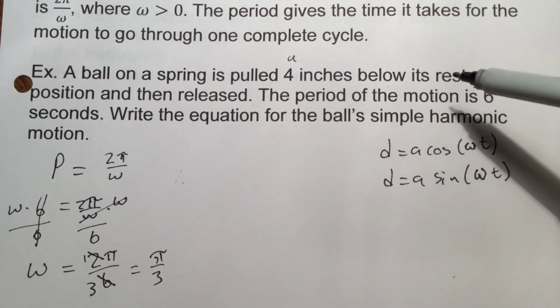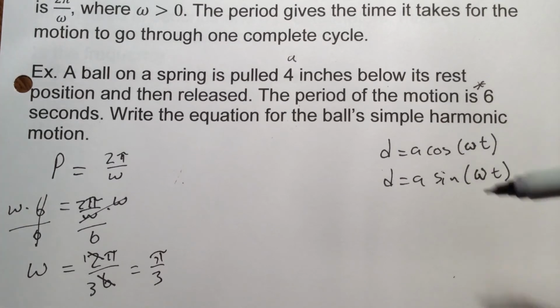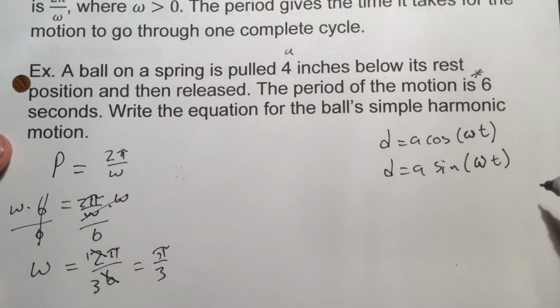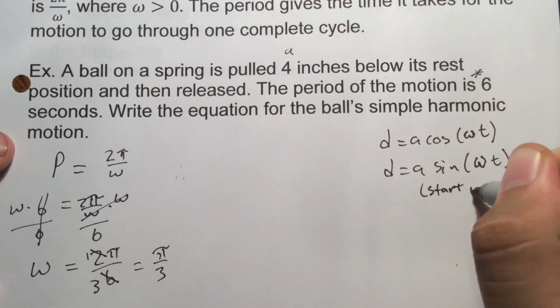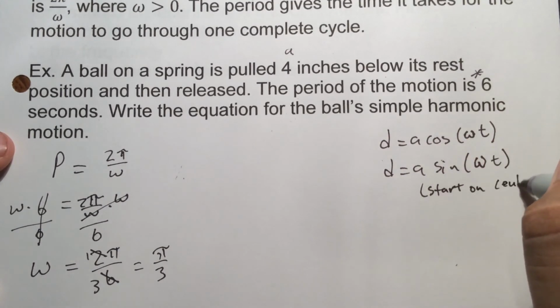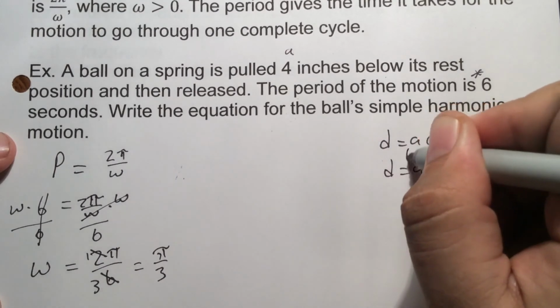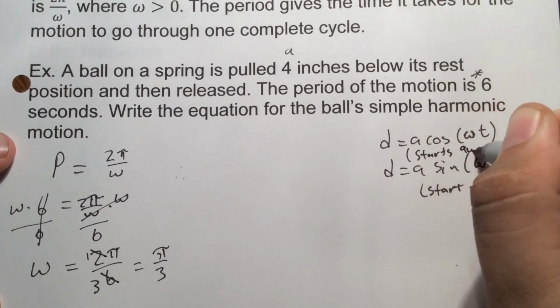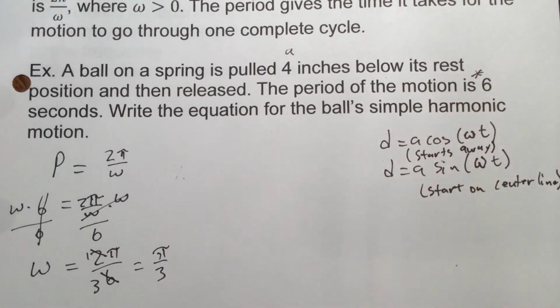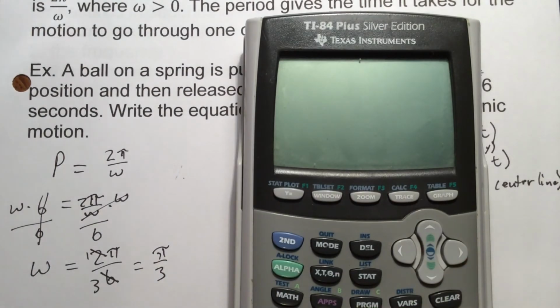Now, as far as sine and cosine, sine will start on that center line, where cosine starts away from it. This is what I'm talking about.